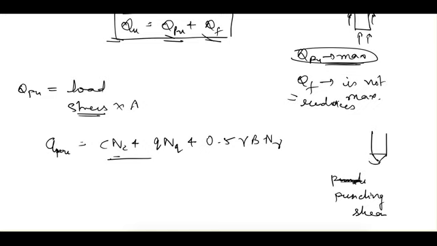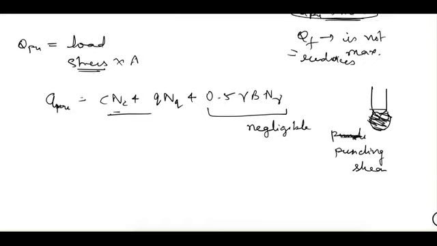So here it is just something like this. So for punching shear failure, the shear resistance of the soil below the foundation is not very significant. So this part in this equation is negligible because it shows the resistance due to the soil below the foundation.